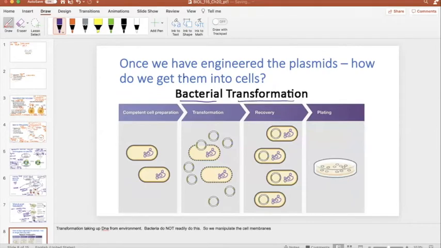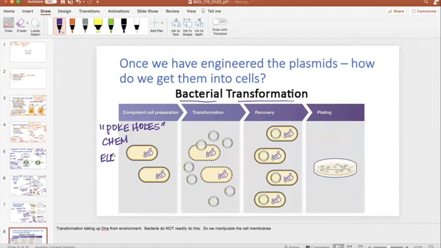Basically all that we do to make that happen is poke holes into the bacterial cell membrane. We can do this using strong chemicals, or we can do this using electricity.